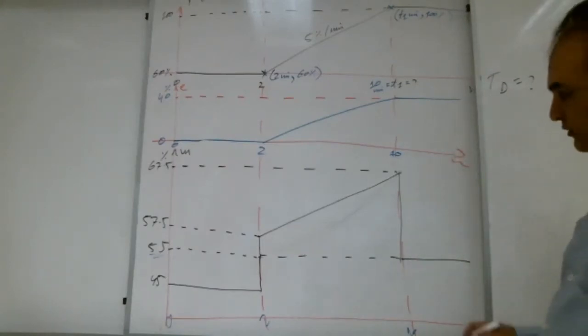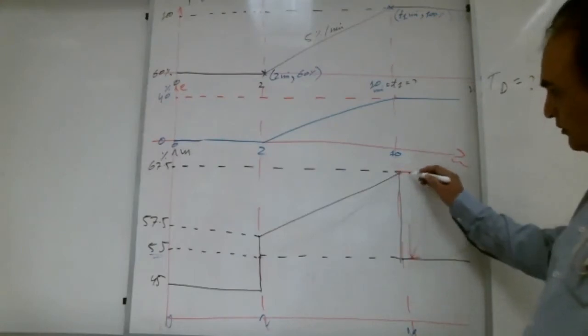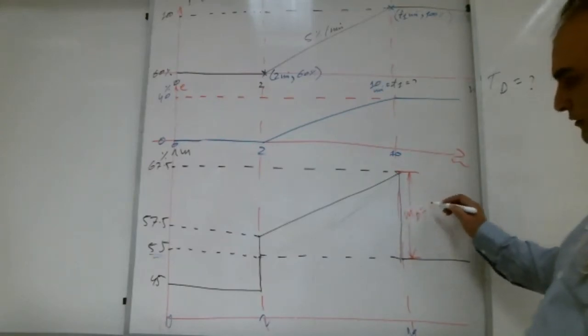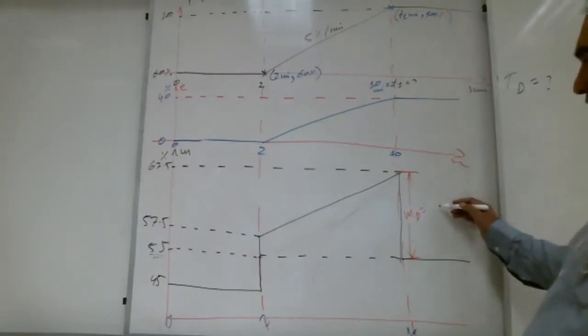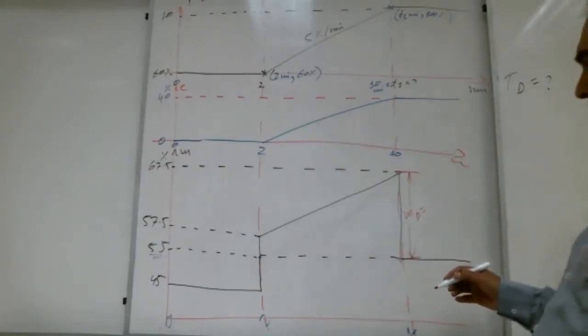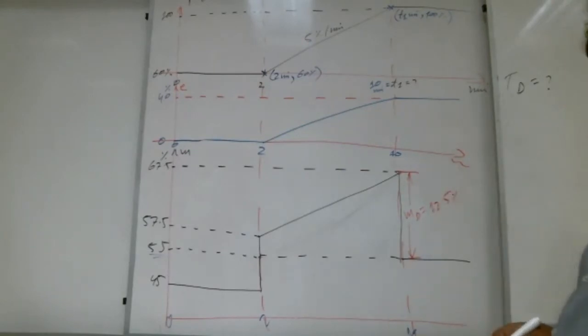MD, which is this one. From here to here is the MD. How much is this? 67.5 minus 55. How much? 12.5. Very good. A lot of brothers are saying 12.5.